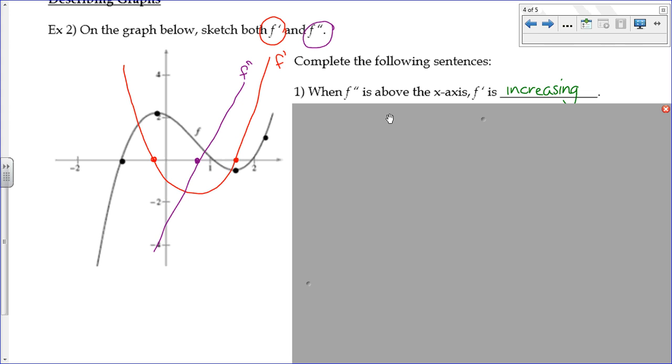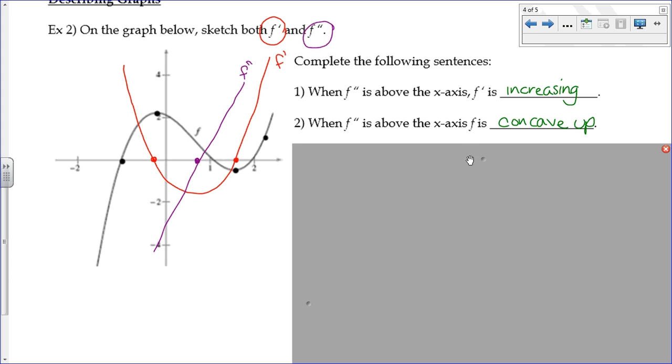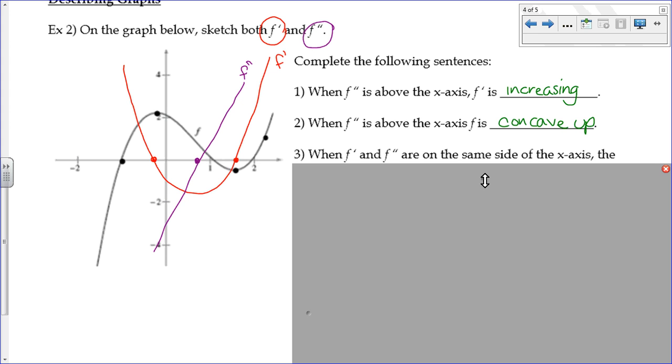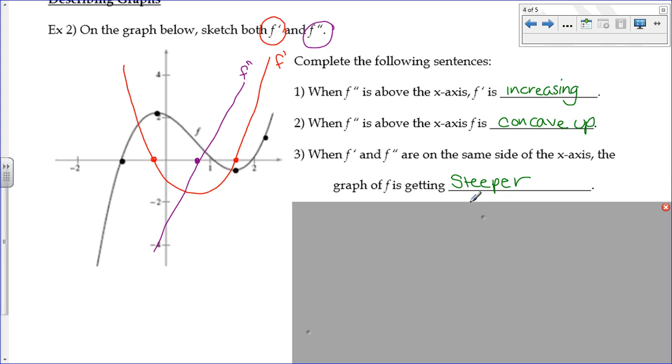What's happening to f? Well, when f double prime is above the x-axis, f is concave up. So f double prime indicates things about f prime and about f. When f prime and f double prime are on the same side of the x-axis, then the graph of f is getting steeper.